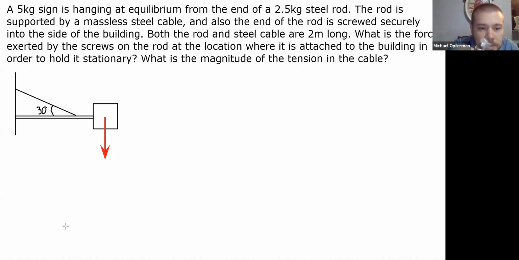I'm just going to ignore units to make this a little easier to write. So that'll be 5g. And then we have the mass of the rod. So that's going to be a force acting in the center of the rod, and that's going to be 2.5g.